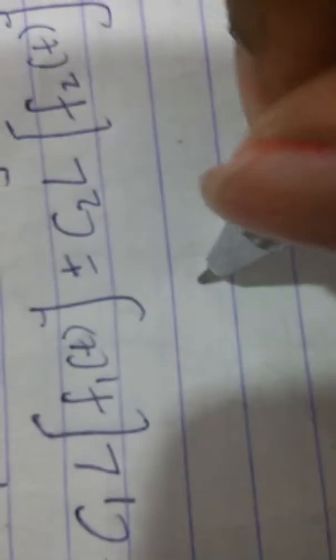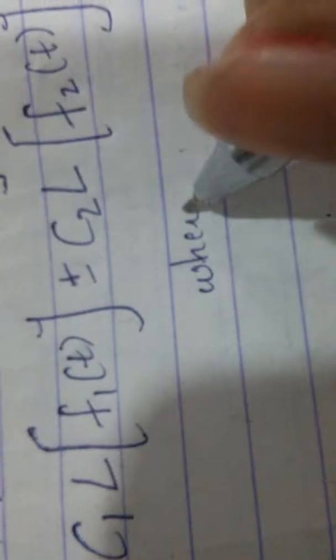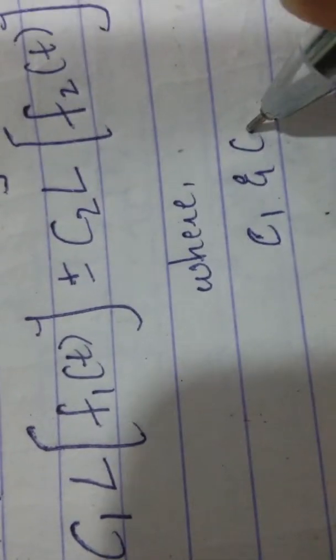Where c1 and c2 are constants. c1 and c2 are constants, okay. So this is the first formula and this is the second formula.